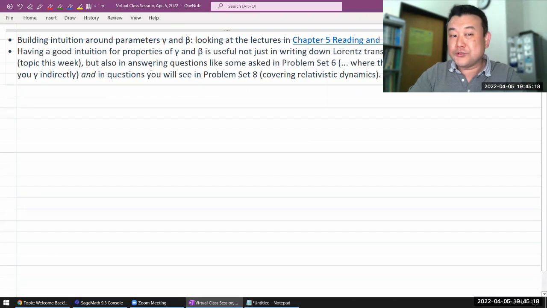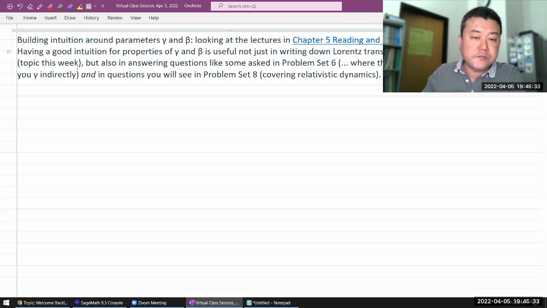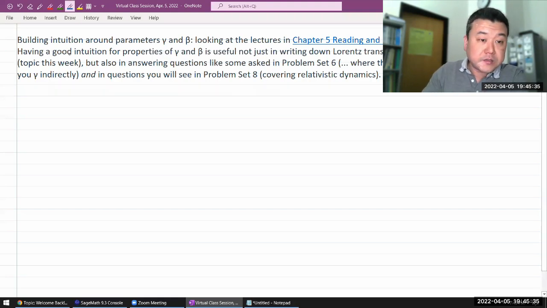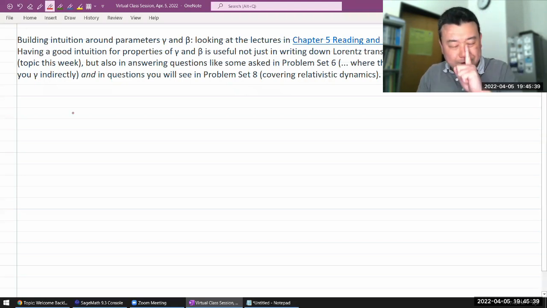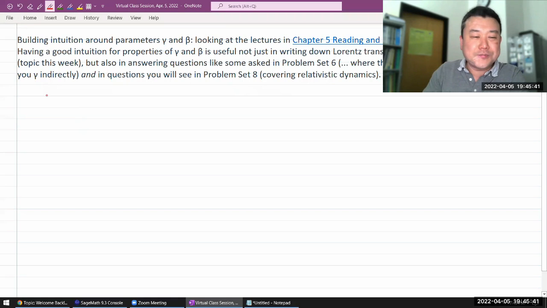Having good intuition for properties of gamma and beta is useful not just in writing down the Lorentz transformation, but also in answering various questions that relate to relativity. There's really a reason we define these parameters. Let me start out with beta, even though it's not the first thing we define, so that I can use beta for the other definitions.